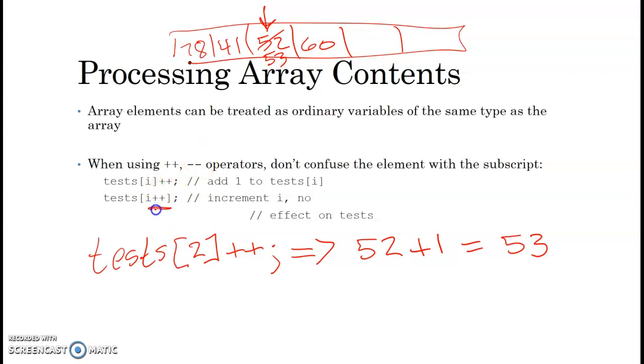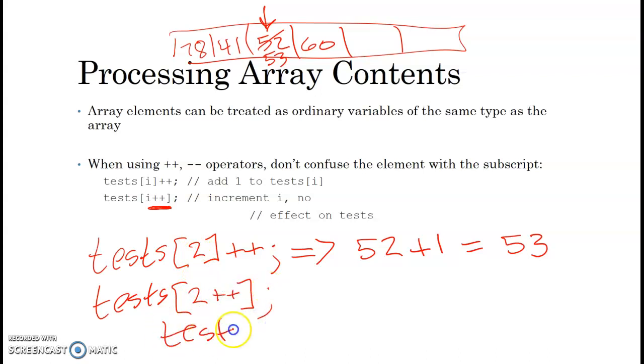If I have it on the inside, it increments i, it increments the location. So instead, let's say 2 is the value of i, and I have this plus plus on there. It's actually going to look at the array at 3.